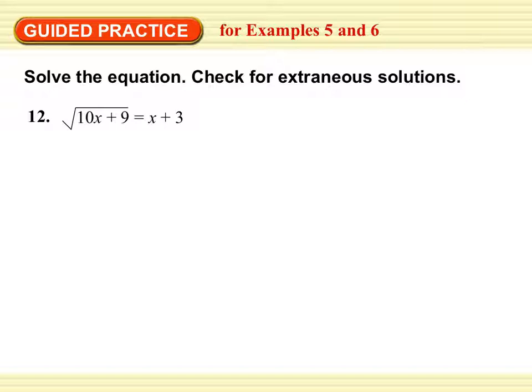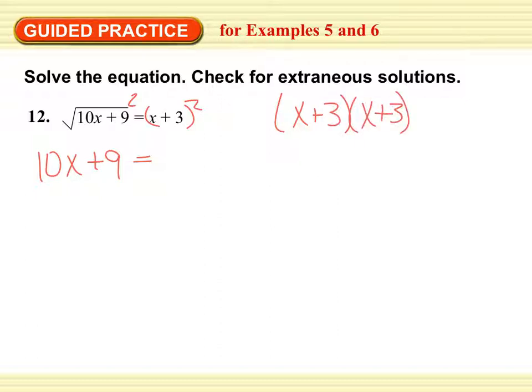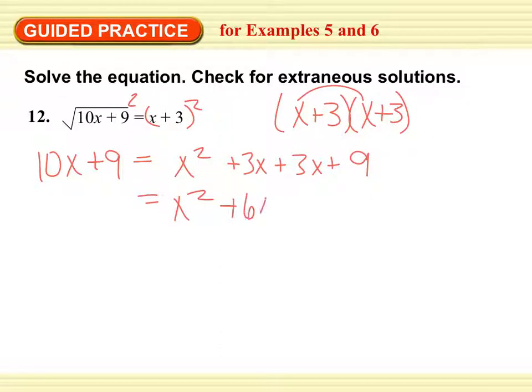All right, let's try another one. I think we have 3 more with this one. So let's go ahead and square both sides. Oh, I'm still in red, sorry. 10x plus 9. If I expand that, I'm going to get first, outer, inner, and last. 6x plus 9.